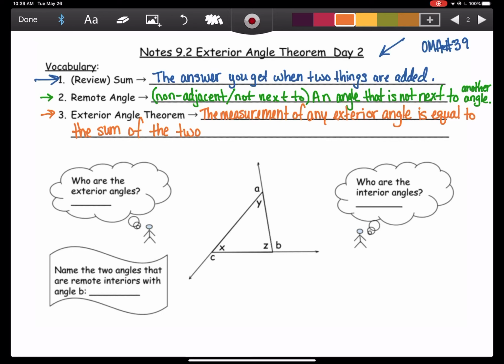The sum of the two remote interior angles. All right. Take a minute to write that down. Pause the video if you need to.